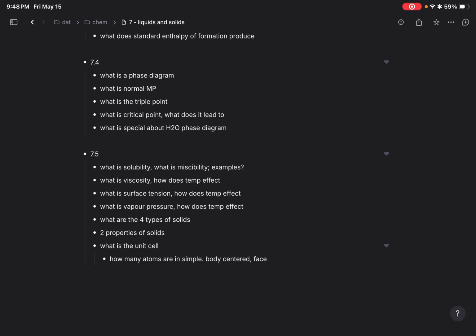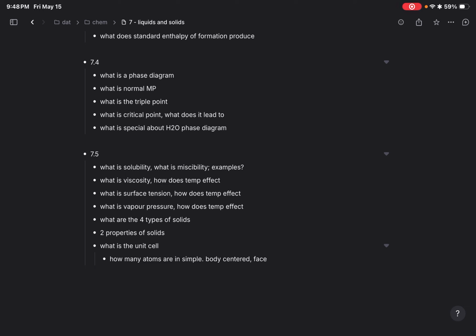What is vapor pressure? So vapor pressure is the amount of pressure that the gas molecules above the surface of water will apply to that liquid surface, if that makes sense. So how does temperature affect it? As you increase temperature, more water is going to leave into gas. So you're going to increase the pressure that vapor is putting on the liquid surface.